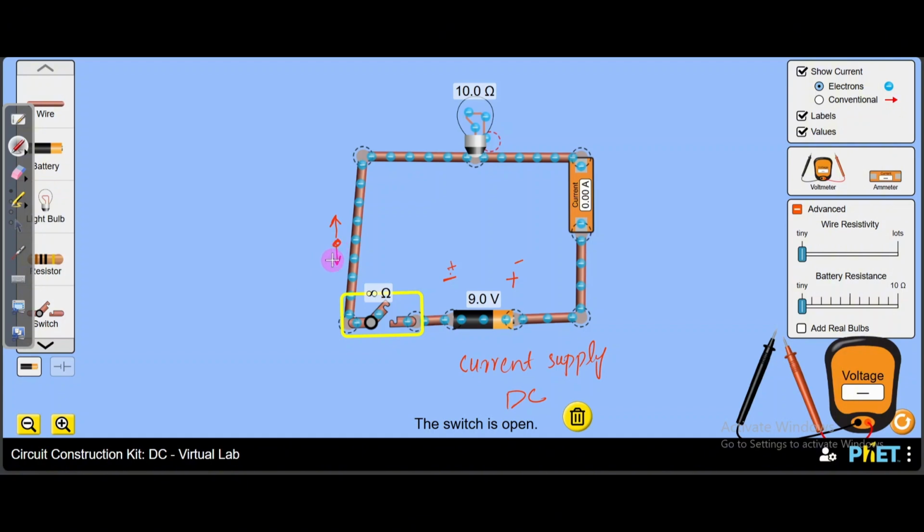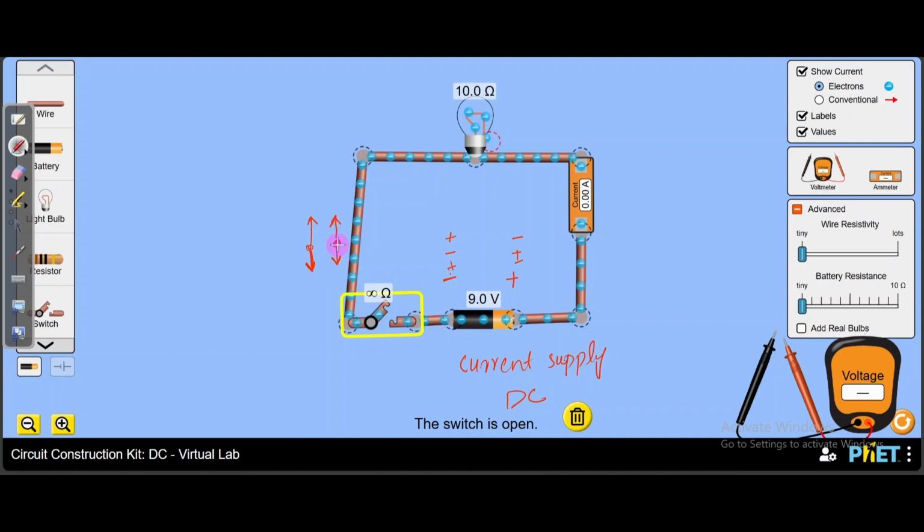Similarly, again the polarity will change, this will become positive, this negative, and again the same electron will start moving in this direction. If the polarity changes again, the electron will start moving in this direction, and in this way the electron moves. This represents the vibration nature of the electron.